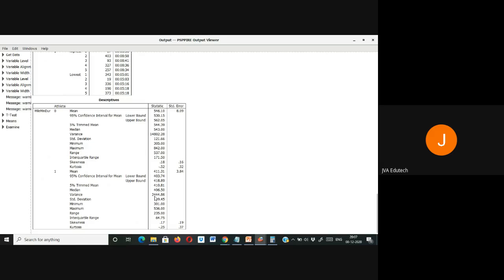Yes, in case of athletes, this comes to be 244.86. So the variance in case of non-athletes is 14802, whereas the variance in case of athletes is 244. So based on all these statistics, you can say that there exists a difference between the athletes and the non-athletes to run a mile distance.